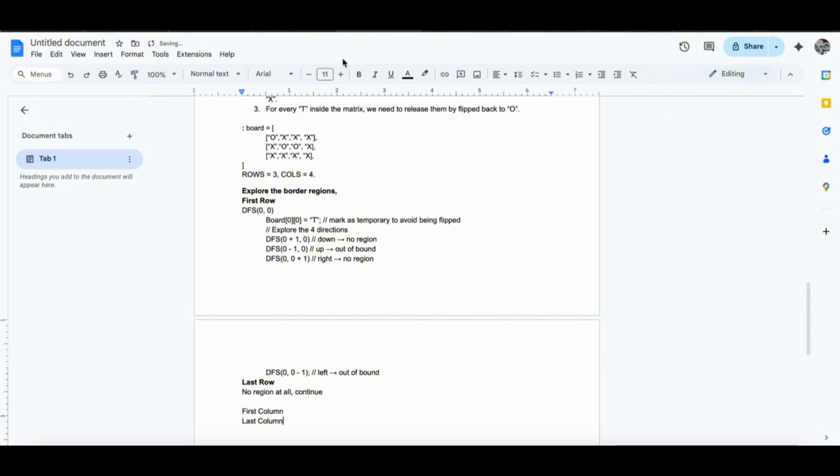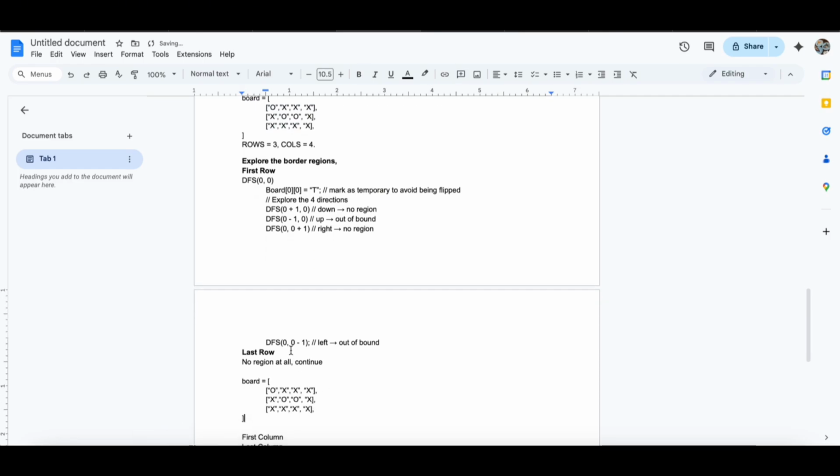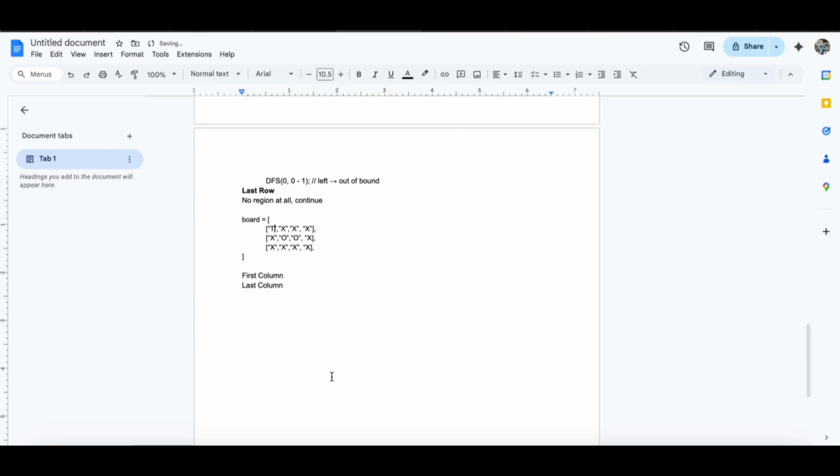The board after being flipped will be like this. On the first column and last column, there is also no region at all, right? So we will just continue.